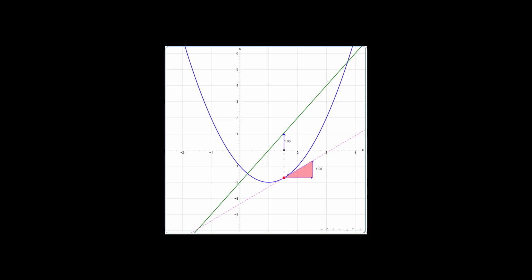The slope of the function at P is 1.06. So it's being measured for us, and we're being told what the slope of this tangent line is. So basically, this is kind of like a delta x, and this is a delta y, but it's just telling us what that delta y is.